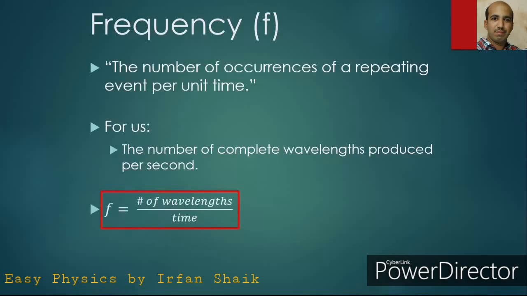Frequency is equal to the number of wavelengths or number of oscillations divided by time. And the unit for frequency is hertz. It means cycles per second.